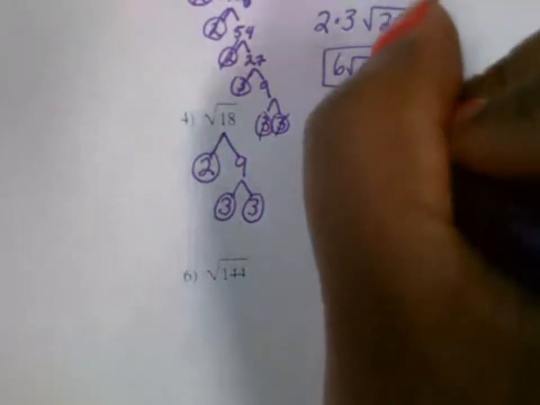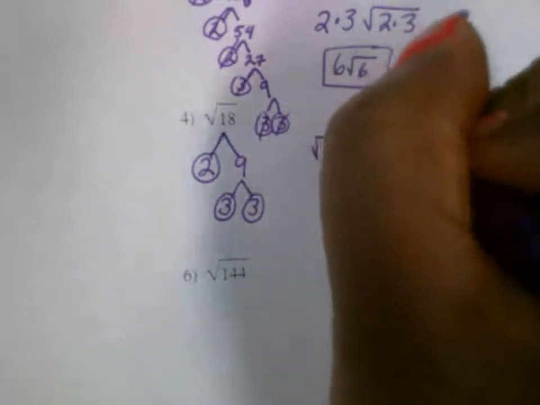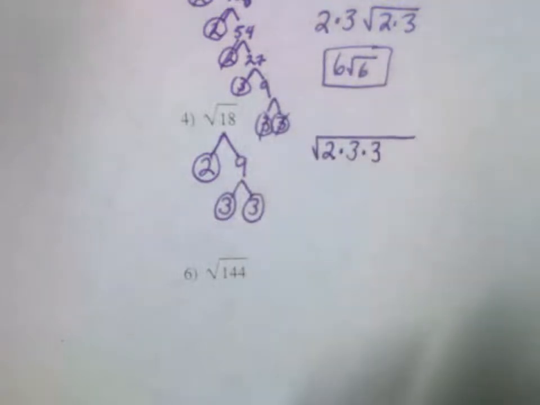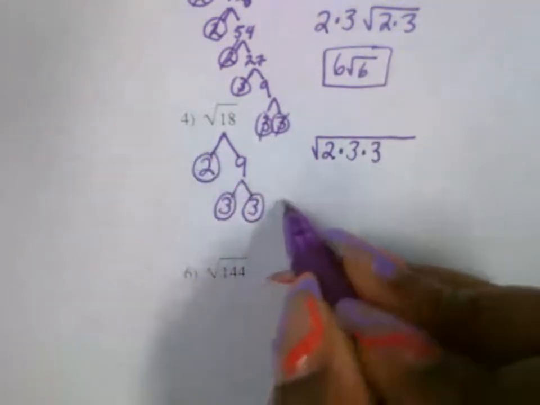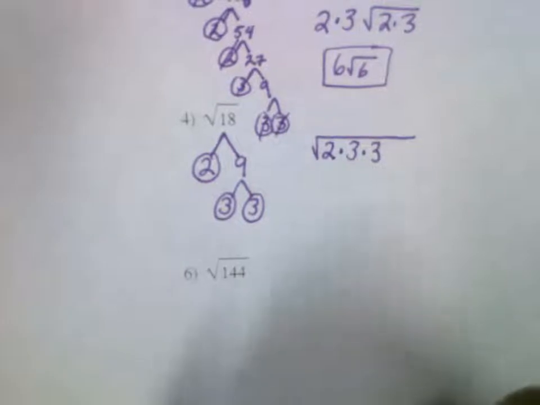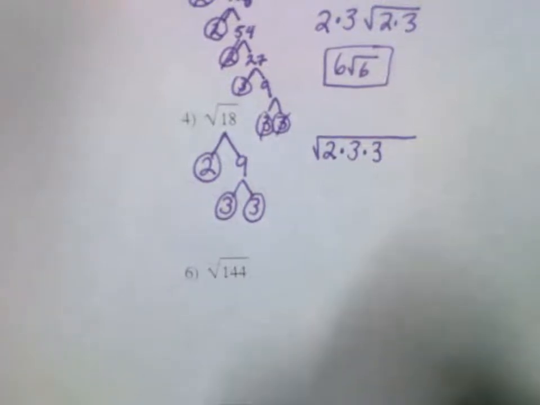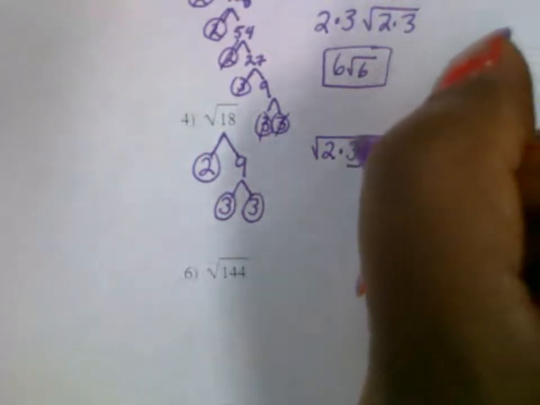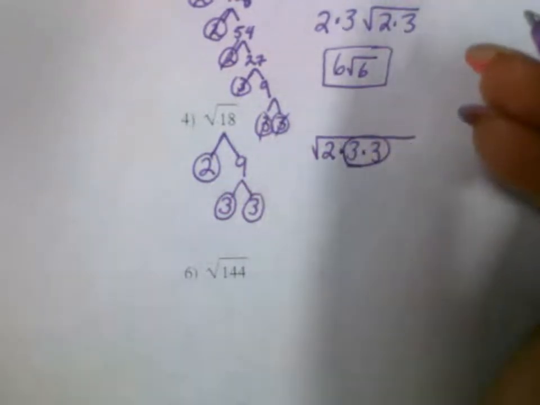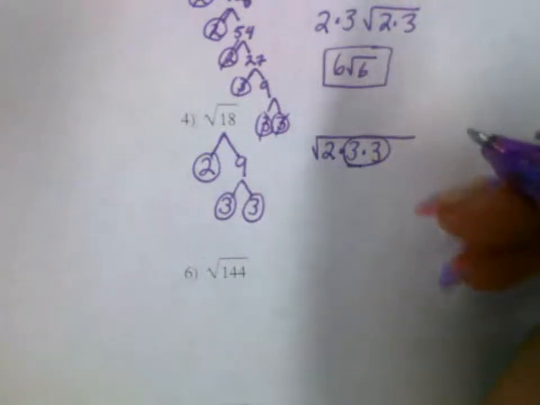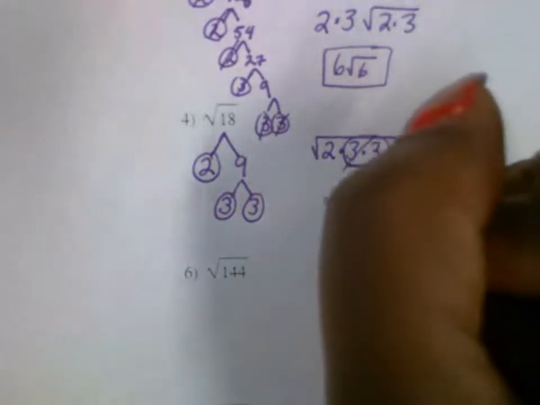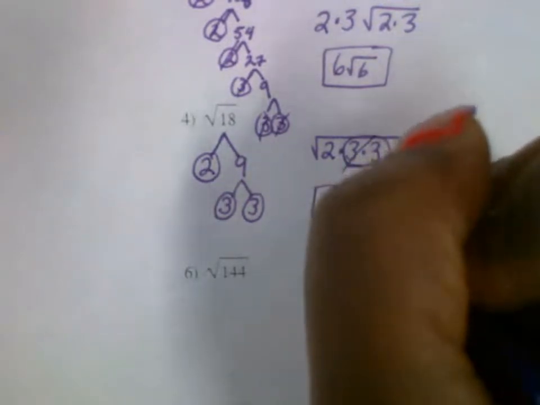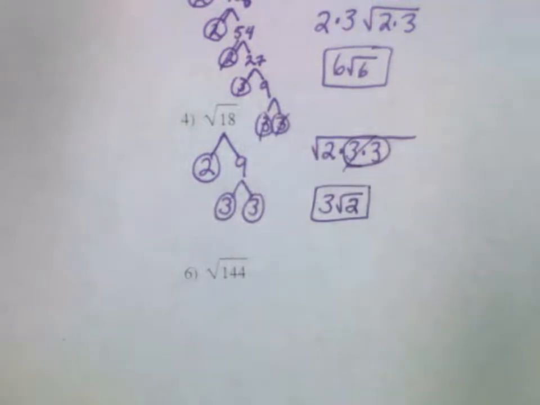What am I going to write under the radical? 2 times 3 times 3. All your circled numbers. Now what am I going to look for? Pairs. Do we have any pairs? 3 times 3. How many pairs do we have? One pair of 3s, right? How many 3s do I take out? 1 for this one pair. What's left under the radical? 2. Just the 2. This is my answer.